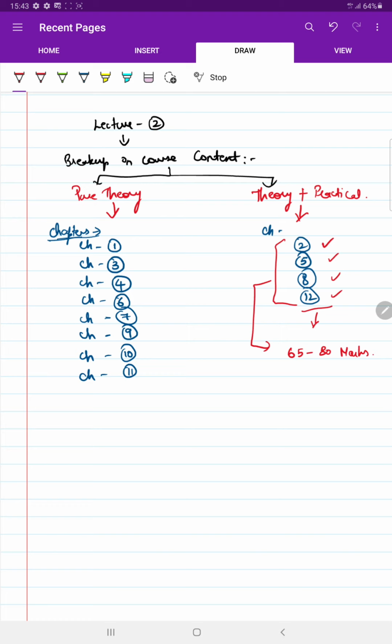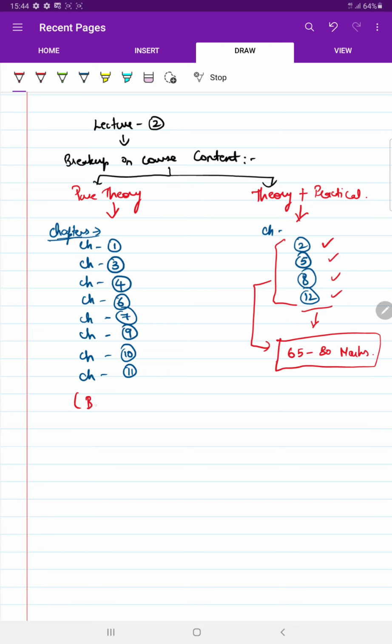If you study these 4 chapters, you are going to score 65 to 80 marks. You are going to write a 100 marks paper, and out of 100 marks, 4 chapters alone will cover 65 to 80 marks.